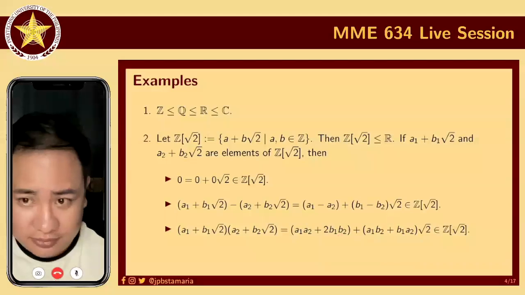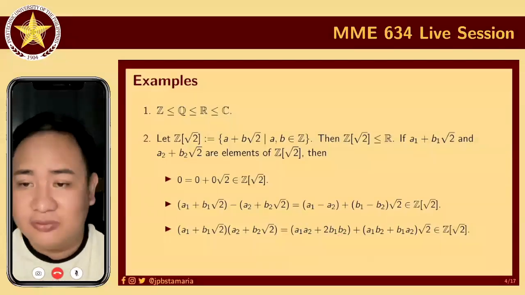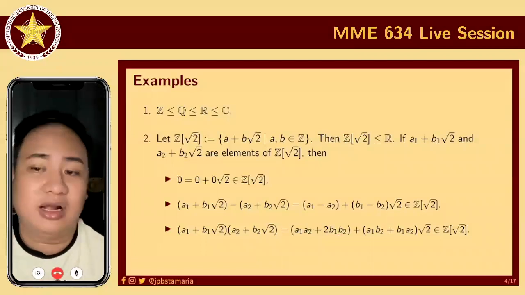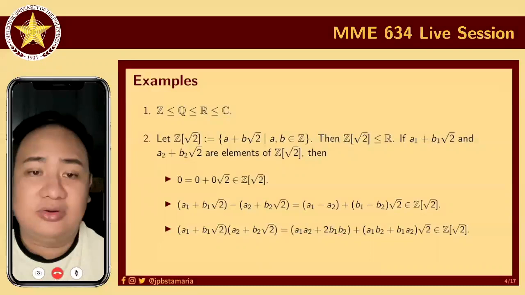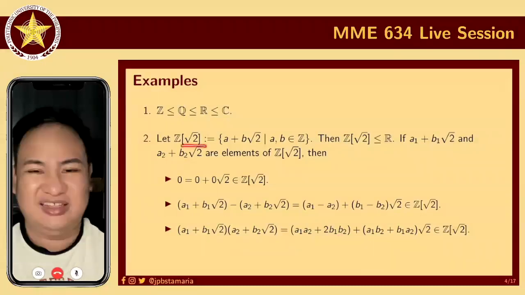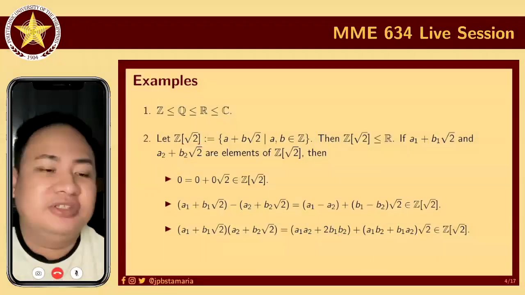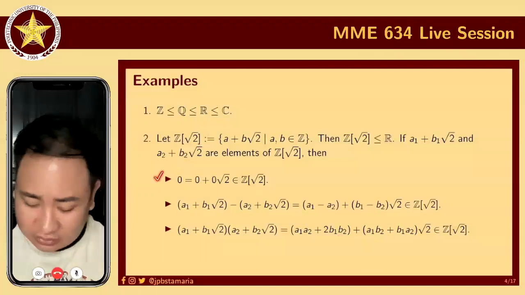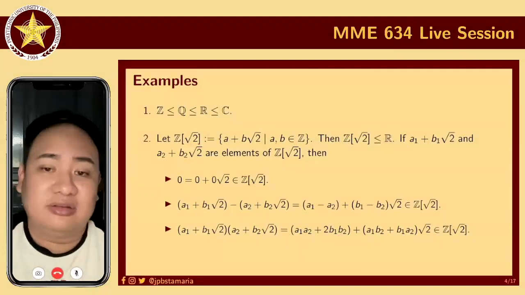Do you understand? Therefore, the product falls inside Z[√2]. Hence, the three conditions, or the three axioms for a subring, are satisfied. So this is really a subring. So when I say show that this is a subring, that is what you will do. You need to check that the three conditions are satisfied.